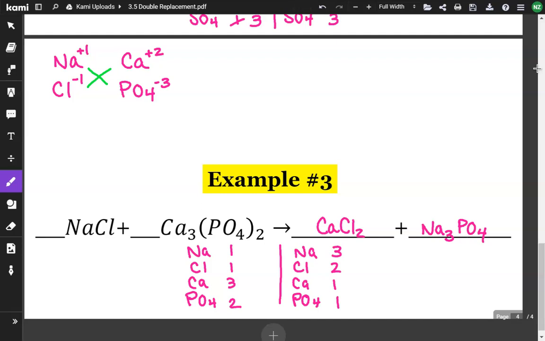Yeah, let's go ahead and do this. This will require some back and forth. So let's put a 3 here. That goes to sodium and chlorine. So that gets me 3 here and 3 down here. But we have a problem because for chlorine, I've got a 3 and a 2. So I'm going to need to change that to a 6. So let's go back and change this.